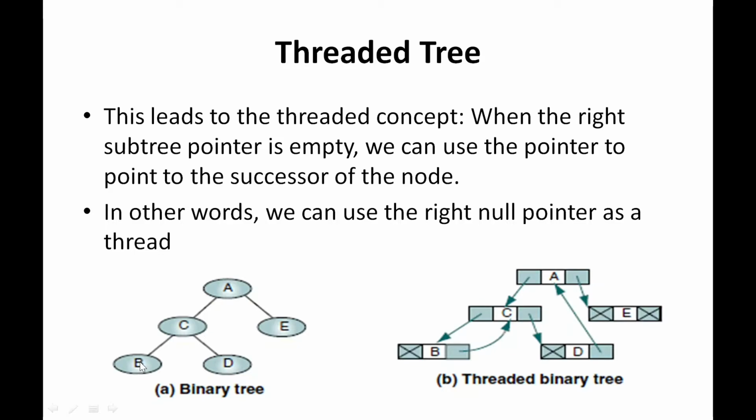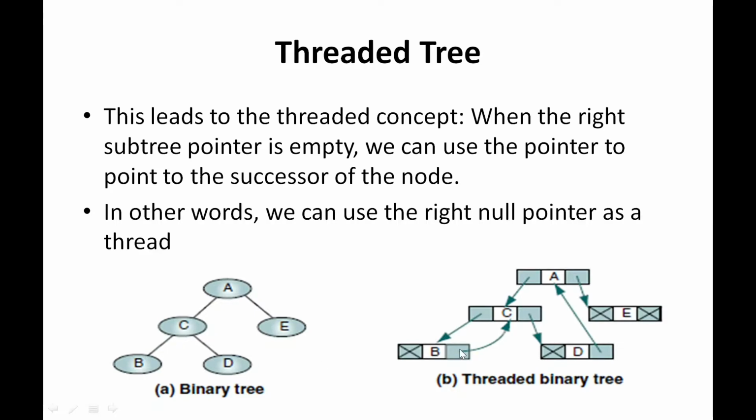After completing B, we are supposed to go back to C. B is a leaf node, which means both pointers of B are null, the left link as well as the forward link. So you just replace the right pointer, or the forward link pointer, of B with the address of the C node.